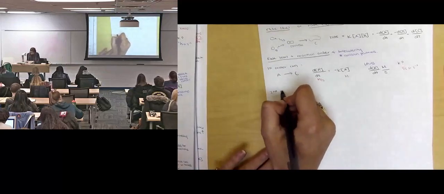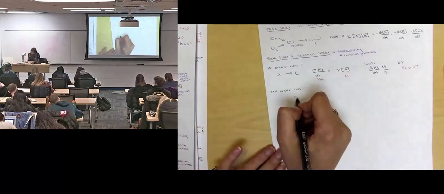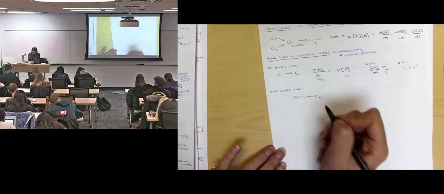So for a second order reaction, we could have A plus B forming C. Okay.